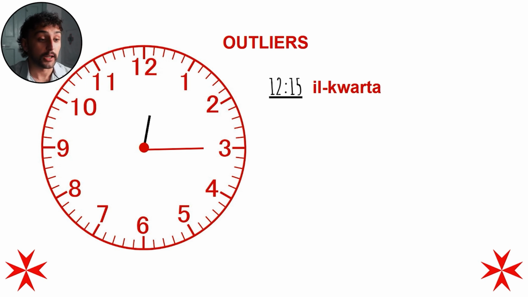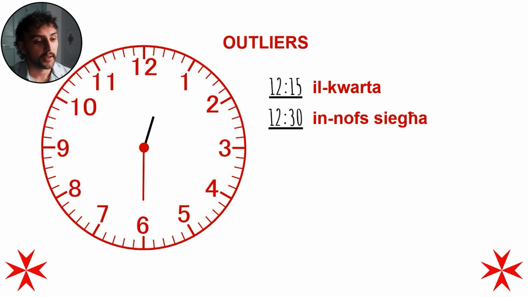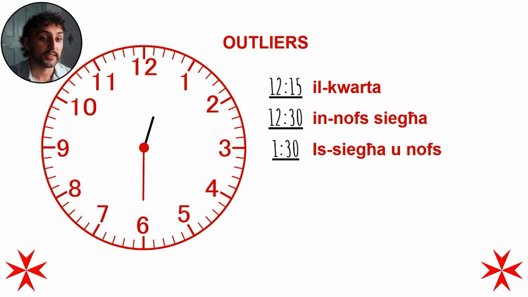And then you have inofsia, which is basically just how you say 12:30. And once again, that's for both AM and PM. It's important that you don't get confused between saying this and the Maltese way of saying 1:30, which is issia u nofs. That's issia u nofs.